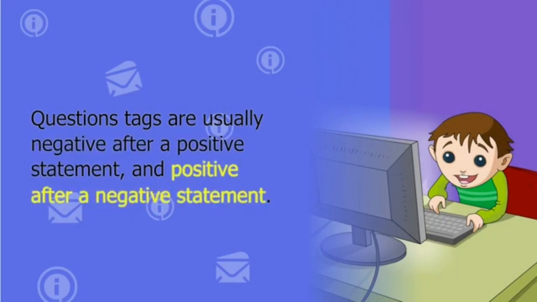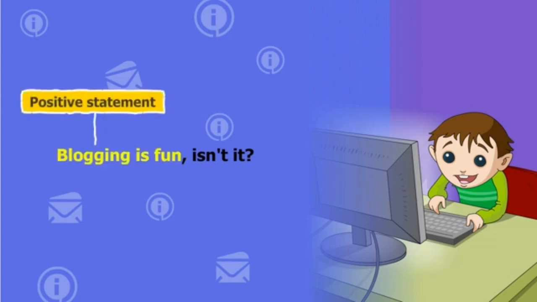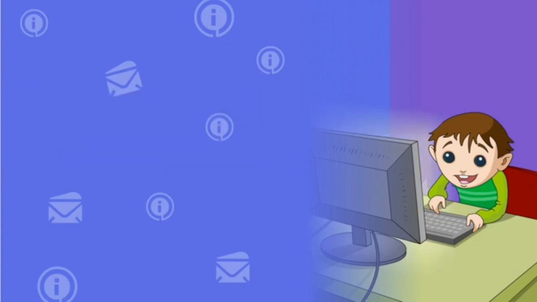This is another rule you must observe. For example, blogging is fun, isn't it? The statement blogging is fun is in the positive. Then the question tag has to be in the negative, hence, isn't it is used. Okay? Your mom doesn't blog, does she?